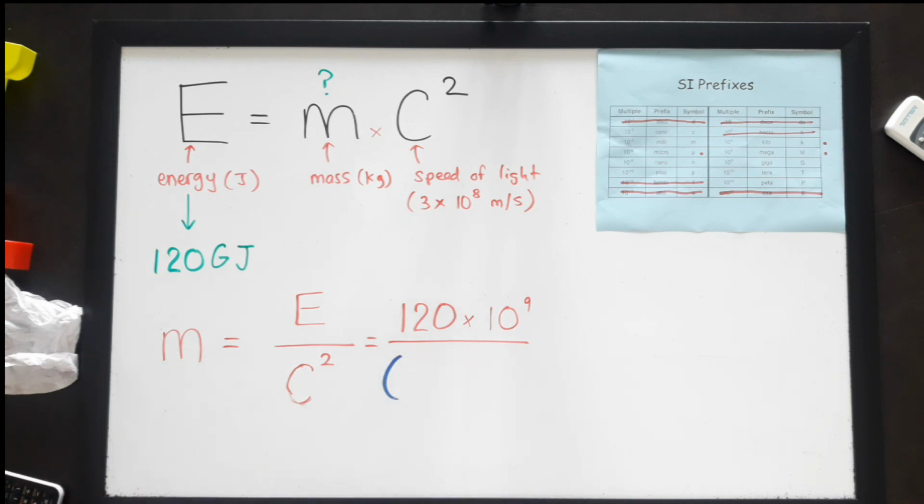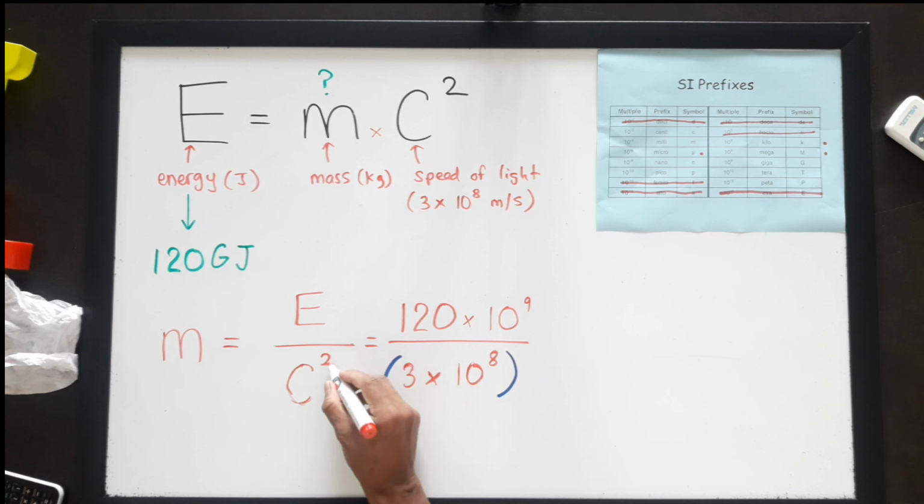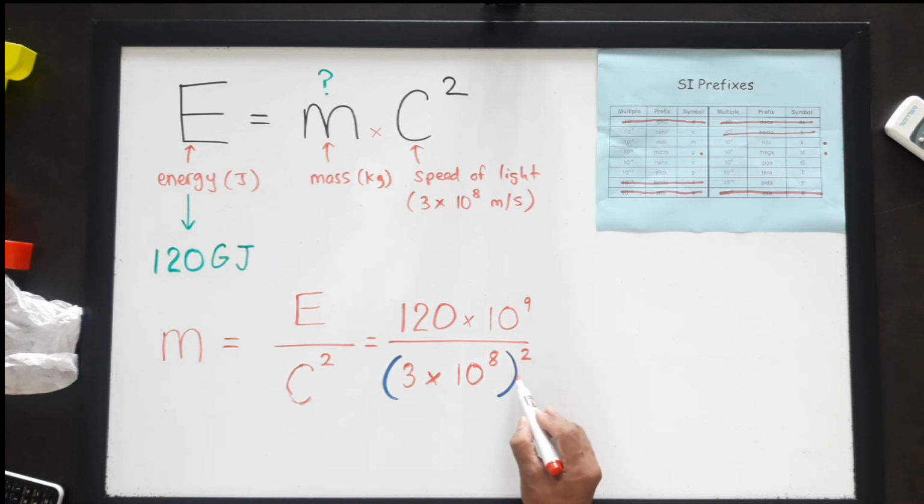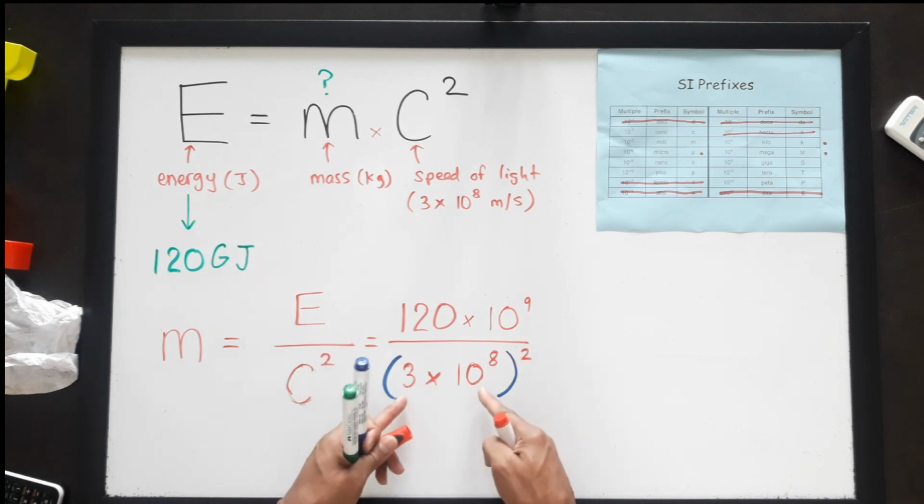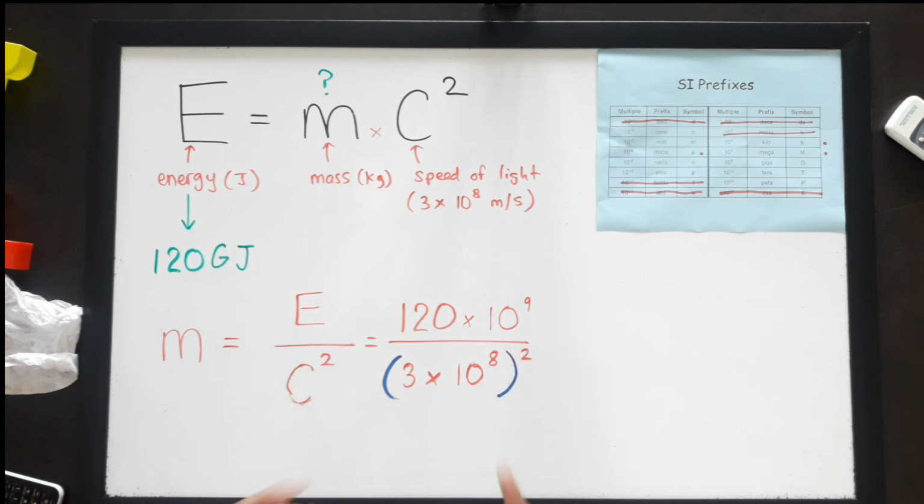So the speed of light is 3 multiplied by 10 to the power 8. Close brackets. It's very important you close the brackets and then you square it. Pause the video, look at it for a few seconds, make sure it sinks into your head. Close the brackets and then square, because you want to square this entire value.